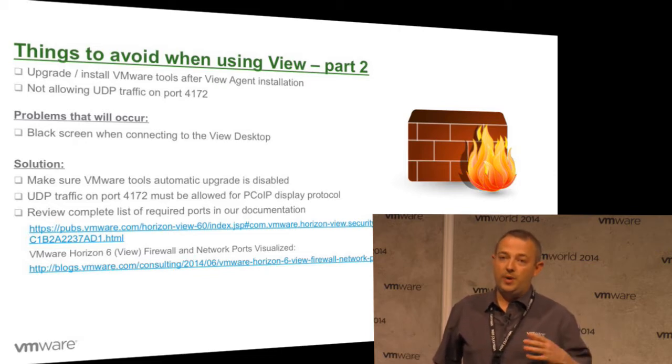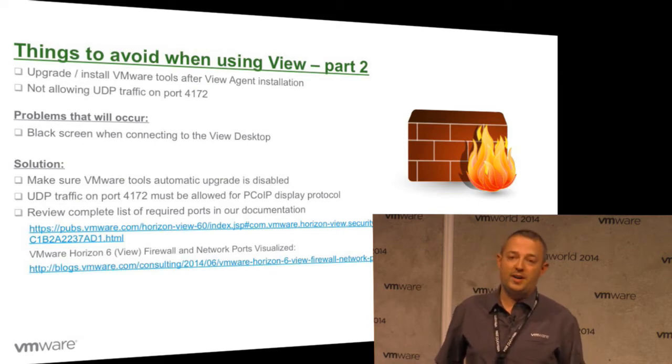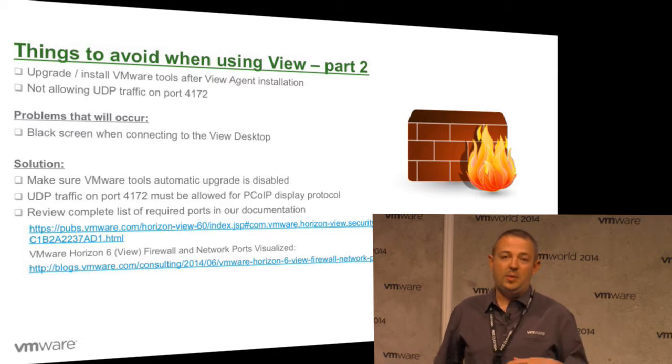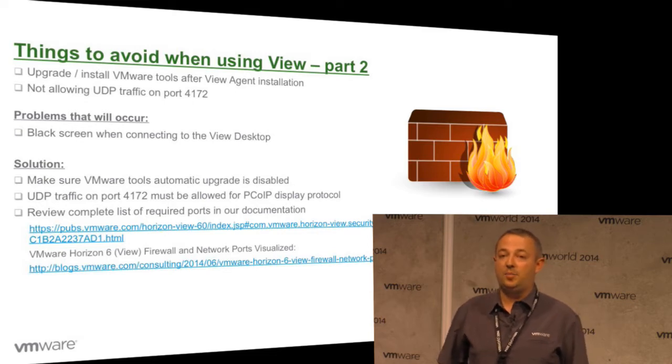We install that driver when we install the View agent. If you install or upgrade the VMware Tools after, you will basically override that VGA driver, and you won't be able to access the View desktop using the PCoIP protocol. So you will most of the time see just a black screen.